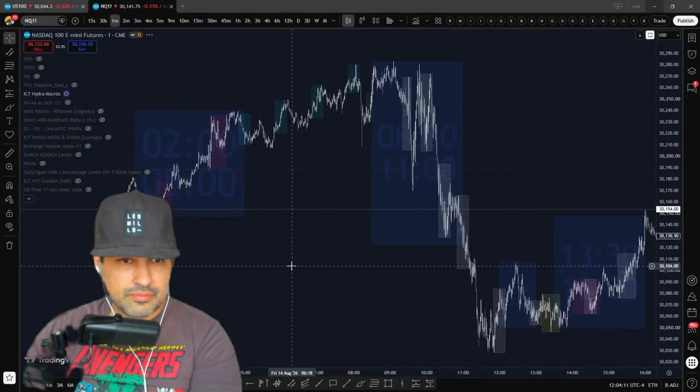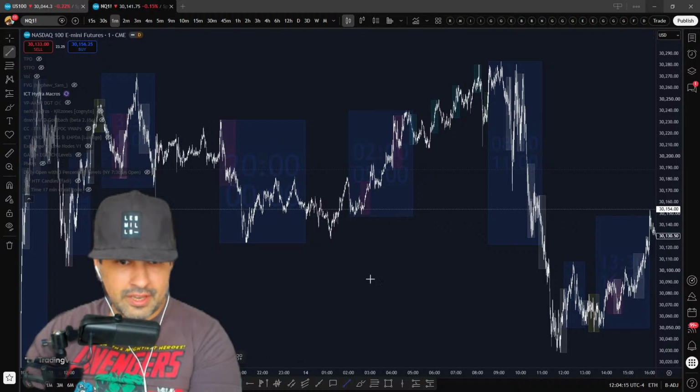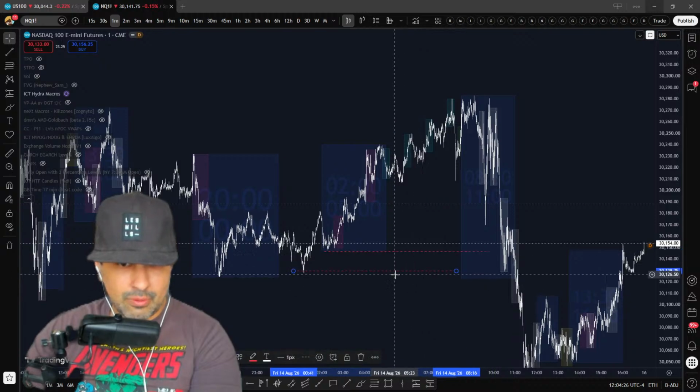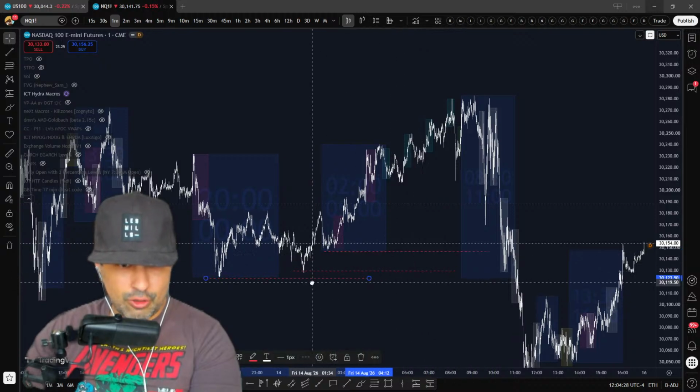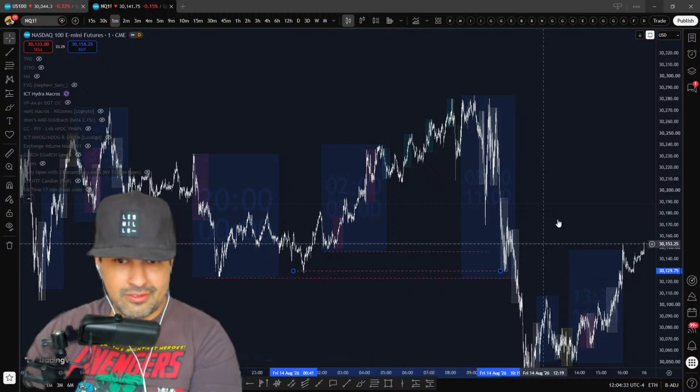That's a London low here. So he's saying if you're targeting a London low, you want something else to be there as well. In this one we have not only the London low, we had that low there, but also the Asia low was there as well. So 3 draws on liquidity quite close to each other.